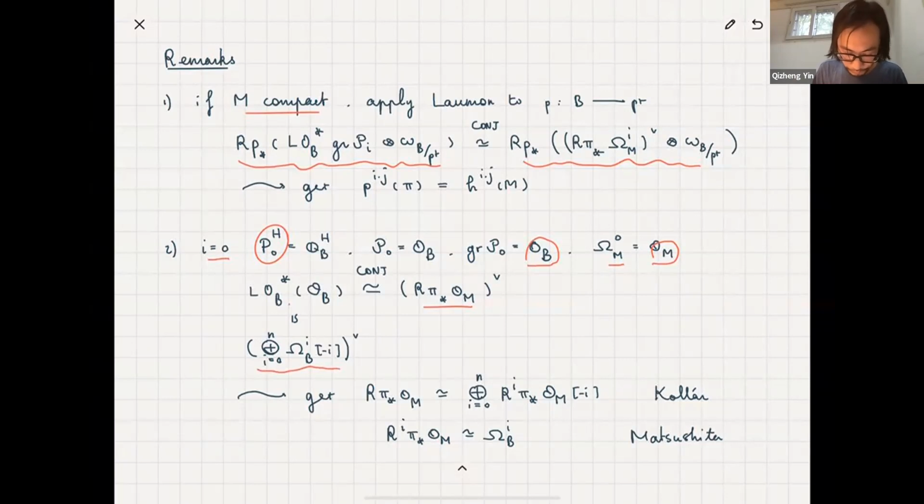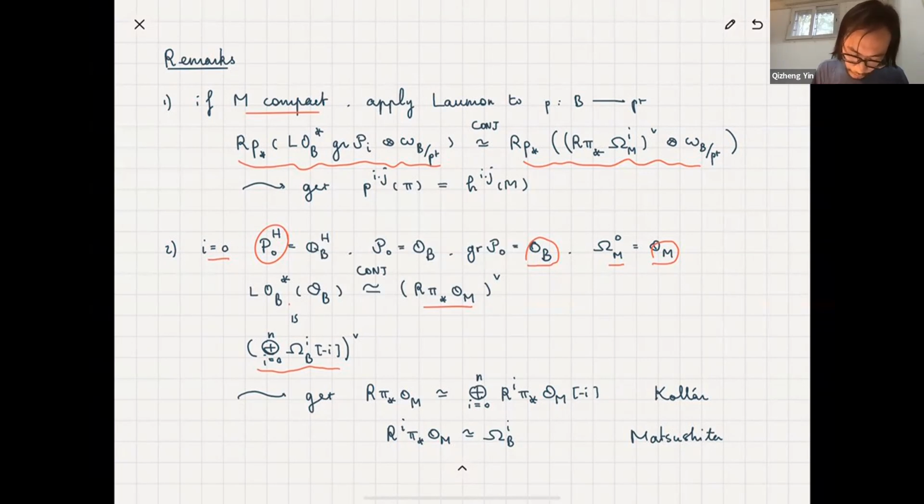And now if you compare the two, you see that this conjecture specializes in the case of Lagrangian fibrations to, first of all, the statement that the derived push forward of O splits into some shifted sheaves. And this is, of course, the famous theorem of Kollár.